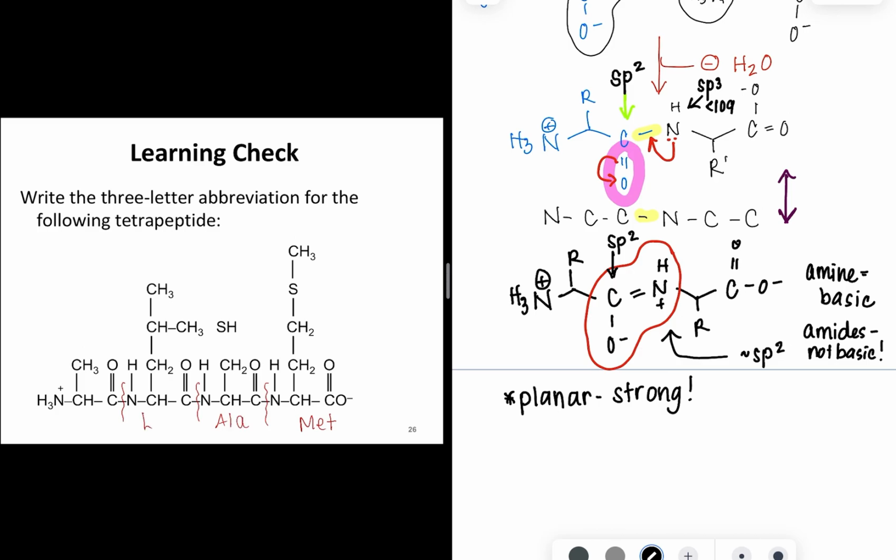This is leucine. This is also alanine. Heads up, as I'm looking at this, there's probably supposed to be 3 hydrogens there and not 2. I'll have to fix that later.